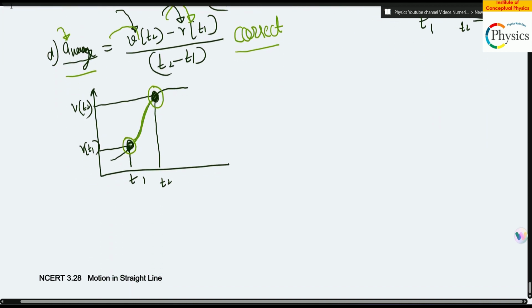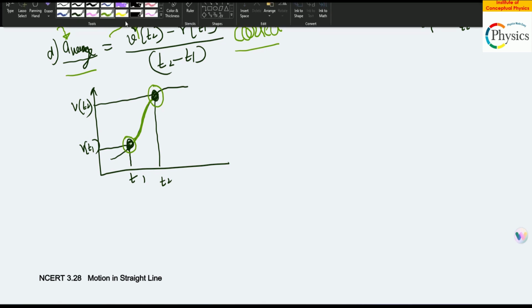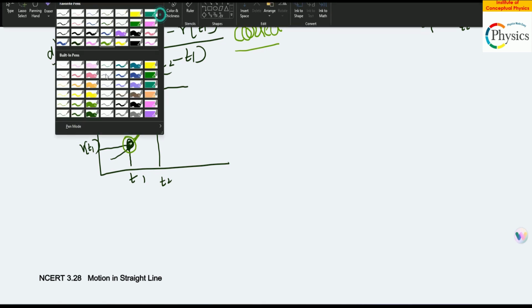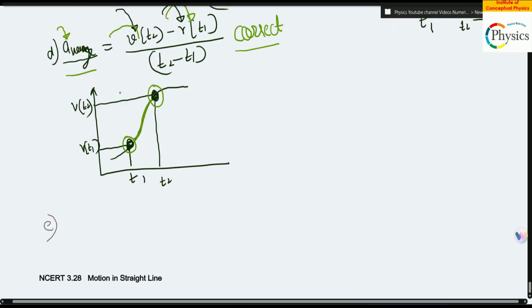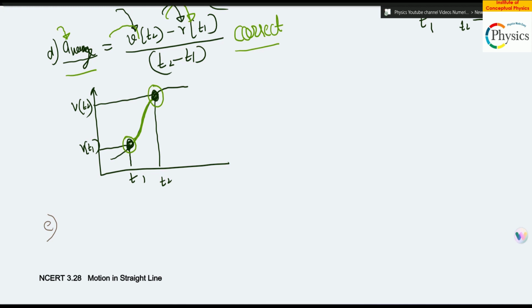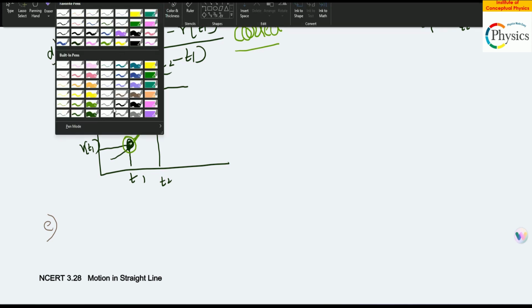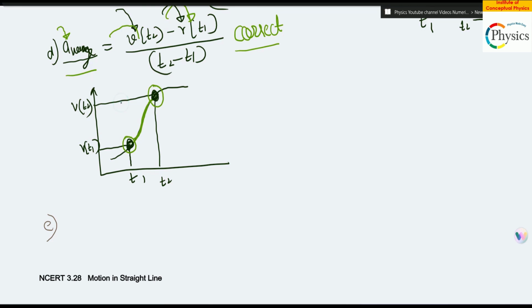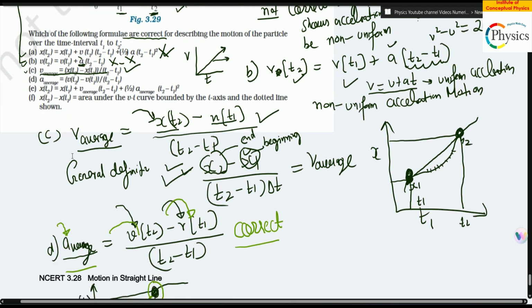Let's go to the E part of it. E is again more tricky. Let me change the color so that it's easy for you to read. E, we may have to put some more effort because E is a bit tricky. It's a bit longish, but we will still decipher the code. Let's write the equation E. E talks about average.